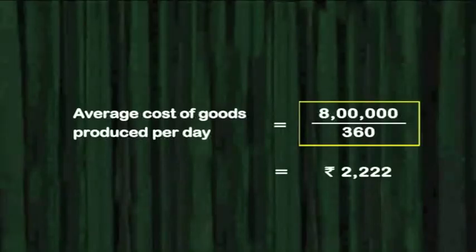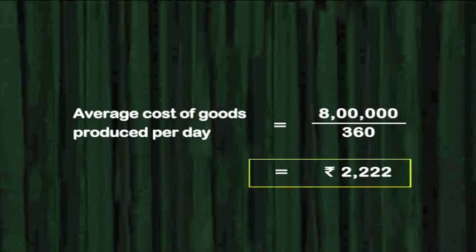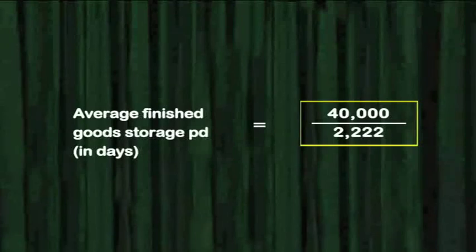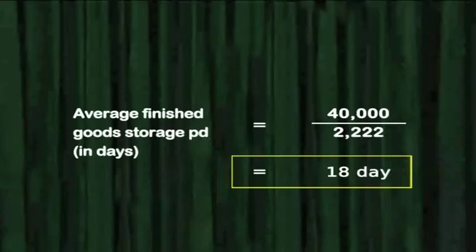So, 8 lakhs is given as the figure of finished goods per year. So, we have to divide it by 360, we will be getting 2222. So, keeping the figures in the formula, that is average stock of finished goods 40,000 divided by 2222, it will give us the figure as 18 days, and debtors collection period is already known to us.